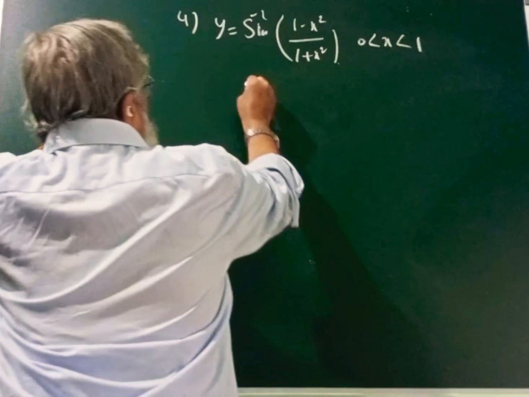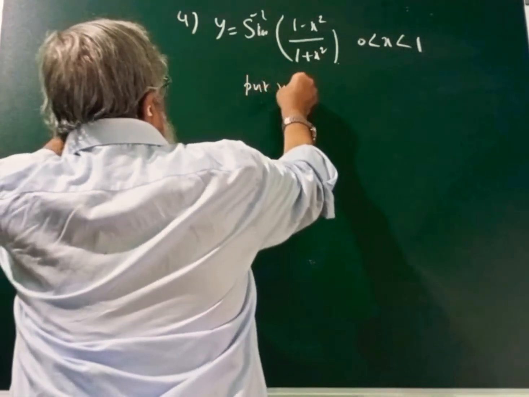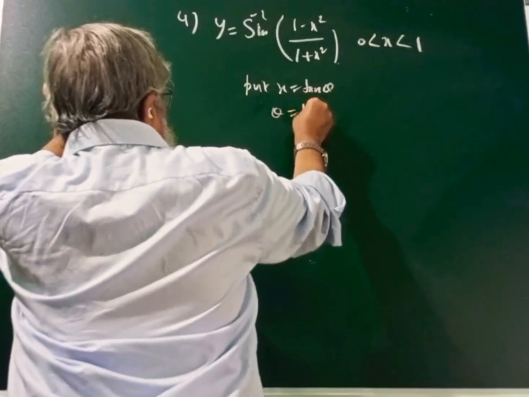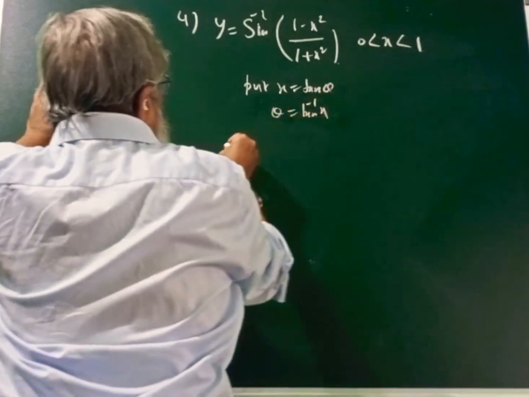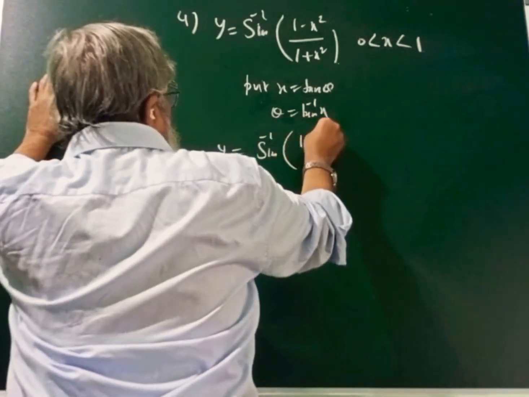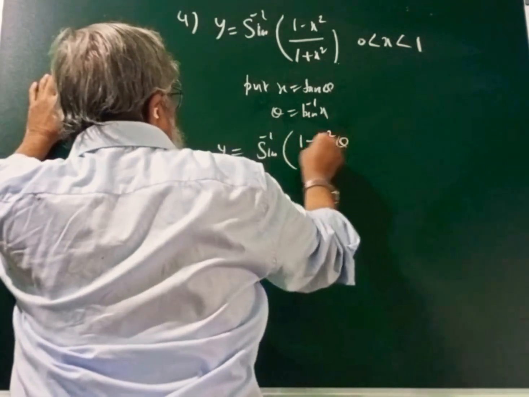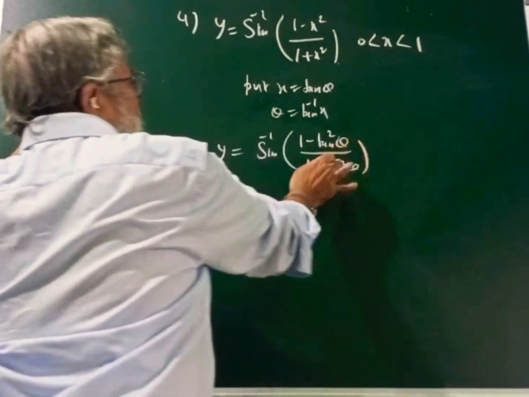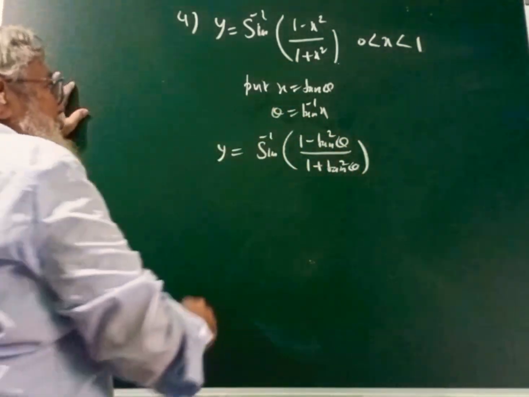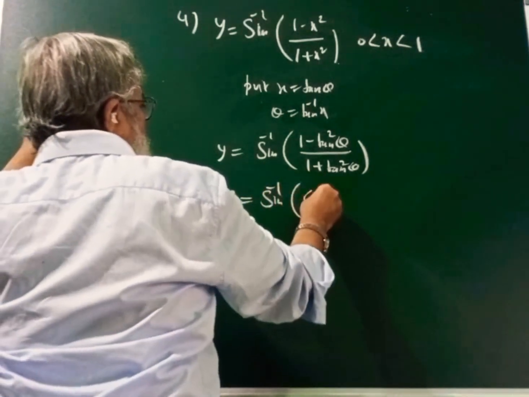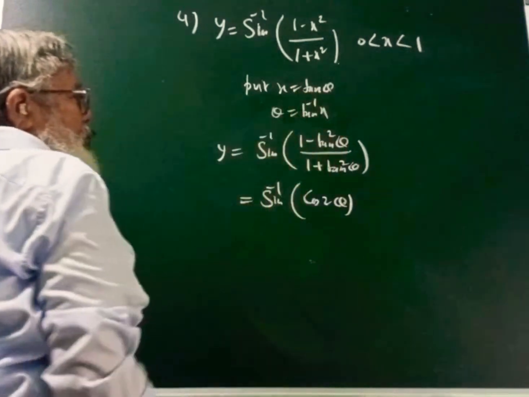So what we should do is, we put x is equal to tan theta. Theta is equal to tan inverse x. Our problem becomes now, y is equal to sine inverse of (1 minus tan square theta) by (1 plus tan square theta). What is this value? This is nothing but cos 2 theta. Just now we have used this formula, cos 2 theta.